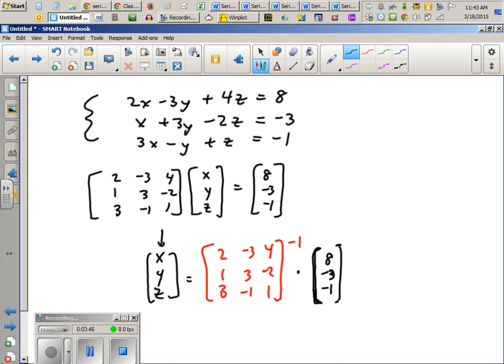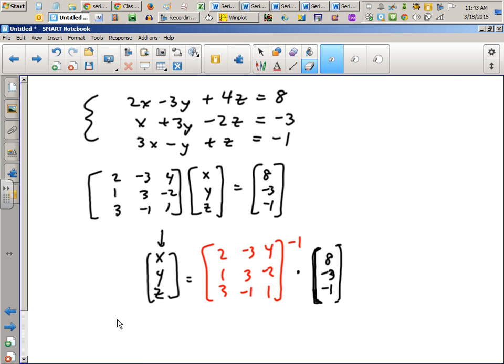My first time I ever saw it, I was like, oh, I know what I'll do. I'll just change the 2 to a half, I'll change the 3 to negative 1/3, the negative 3 will become a 1/4. It's not quite that simple, folks. I'm not saying find the reciprocal of every term. That's not quite how we do it. So how do we do this? It's a 4-stage process just to get the red thing figured out. So we're going to take a detour from this slide. We'll come back to this later when we have the red thing figured out.